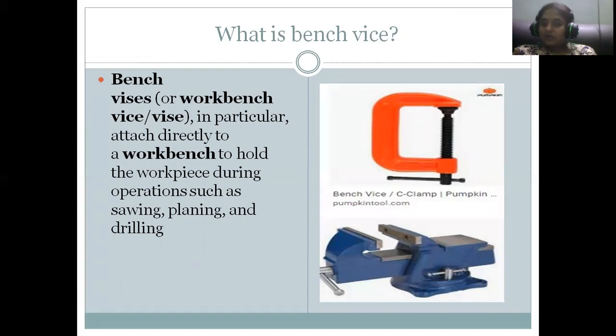You should answer why we use a bench vise. A bench vise is used to hold the workpiece. He may also ask how many types of holding devices there are, name them. You can say bench vise, C clamp, carpentry vise, etc.